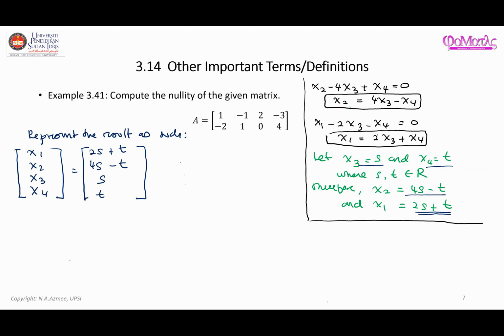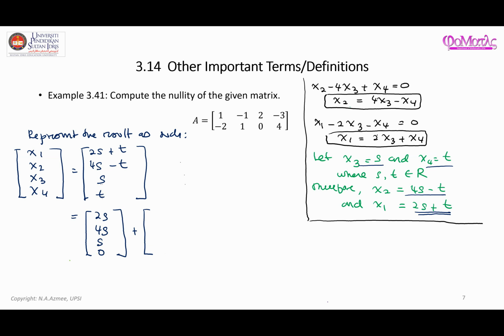We can see clearly that there are s components and t components which can be separated accordingly. Here we can consider just s: 2s, 4s for this one. This one here we have s. This one here has no s, so s is 0, plus.